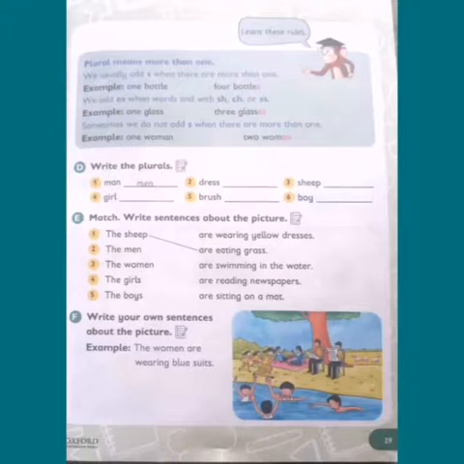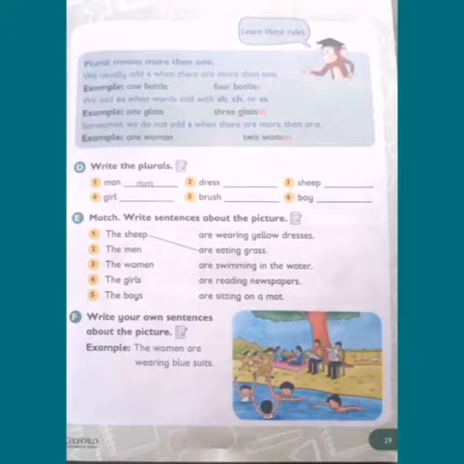Good. What are the girls doing here? The girls are wearing yellow dresses and they are running here. So match the words the girls with the sentence are wearing yellow dresses.